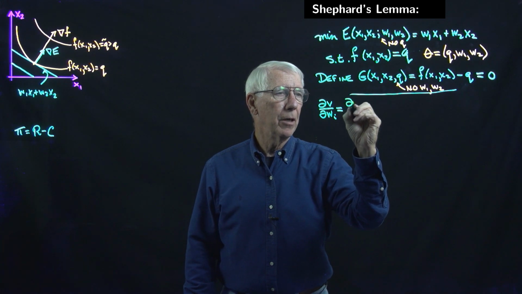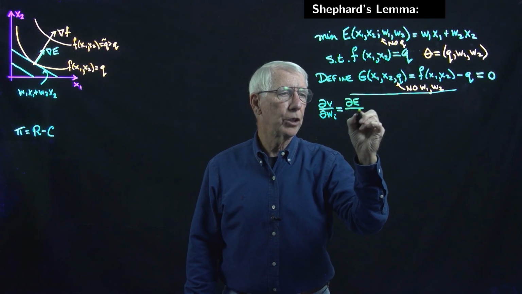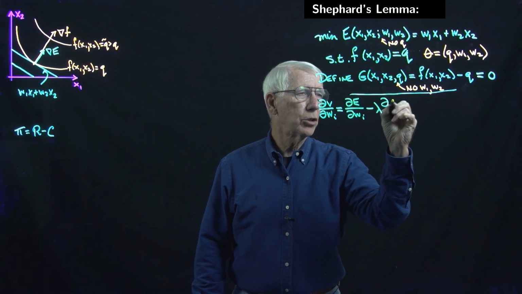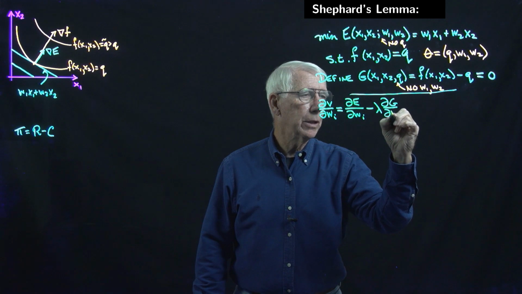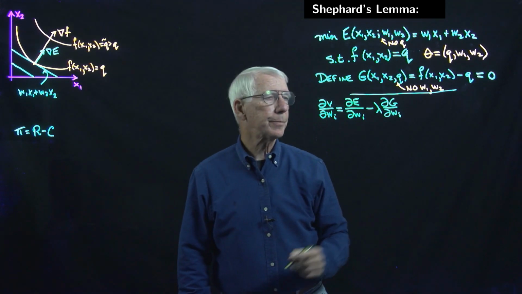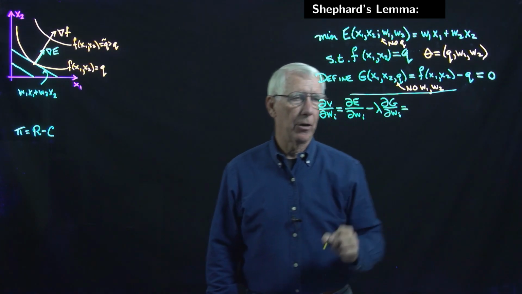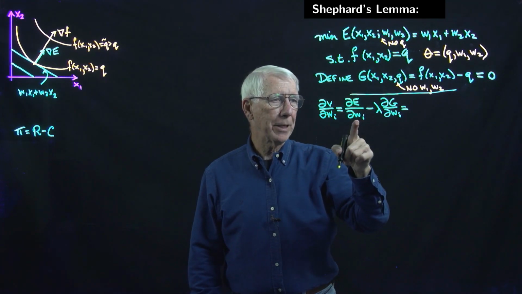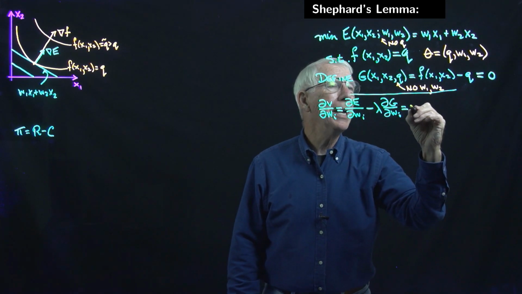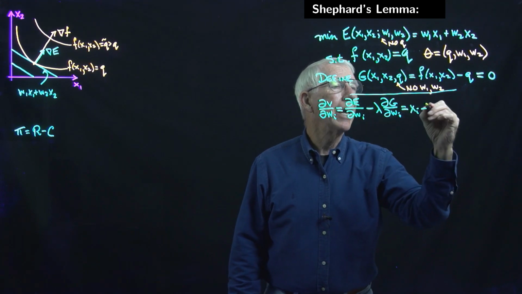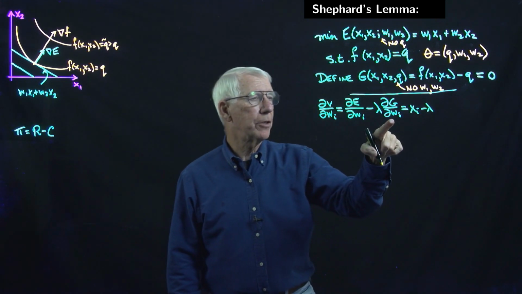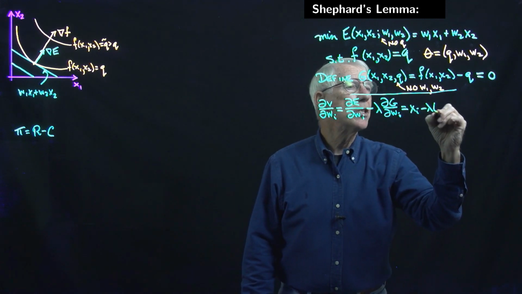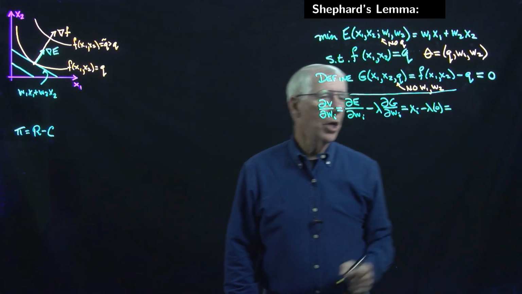This is the partial of the objective function with respect to wi minus lambda times the partial of g with respect to wi. The derivative of the e function with respect to wi is indeed xi. And I have minus lambda and the partial of the g function with respect to wi, but the w's aren't in here. So that is 0. So this is just xi.